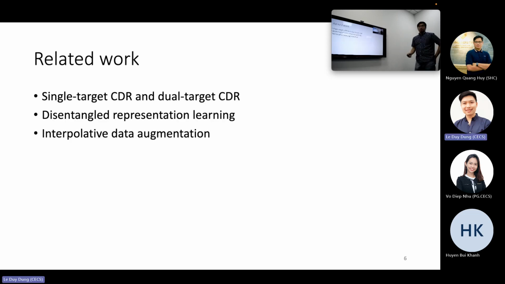For the related work in the second part, I'd like to shortly present what single target cross-domain recommendation is, and the dual target. The second is disentangled representation learning, and the last is correlative data augmentation.